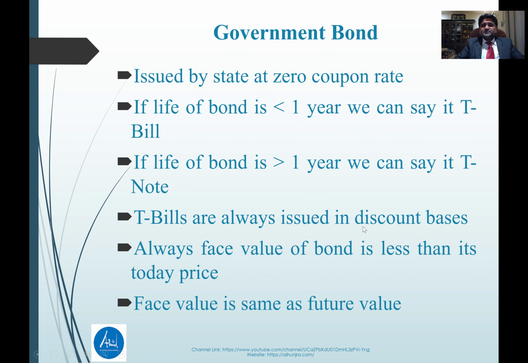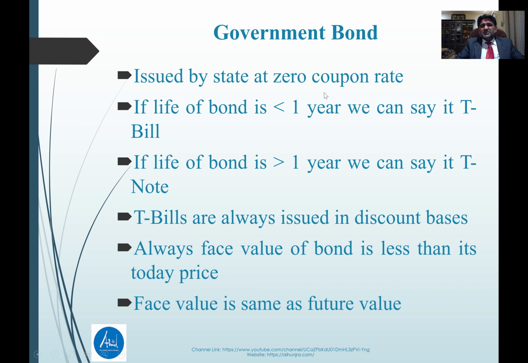What is a government bond? Issued by the state at zero coupon rate. What will be the attraction for the investor? It means the face value will be more than the price at which the bond is traded in the market.